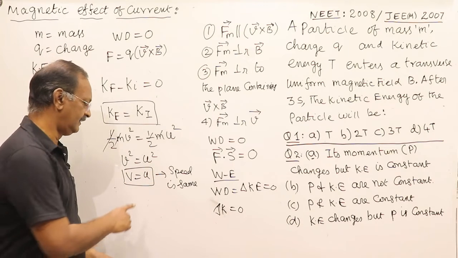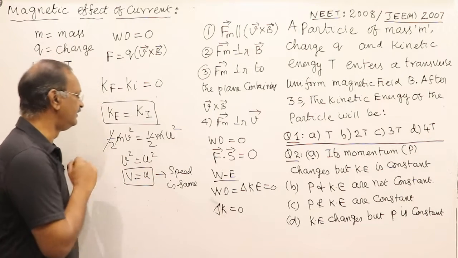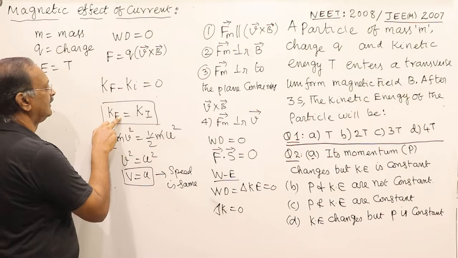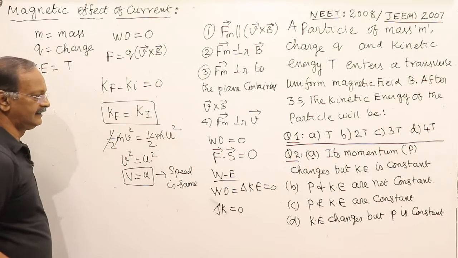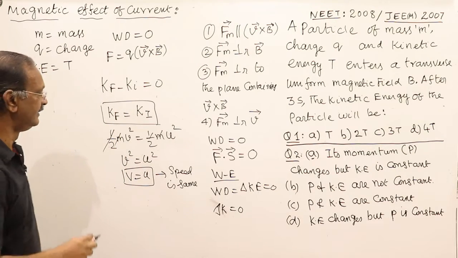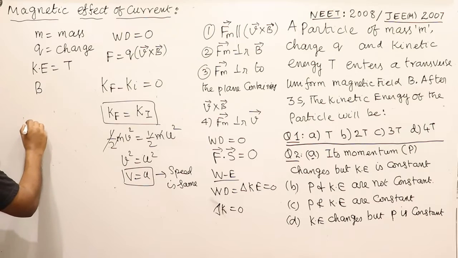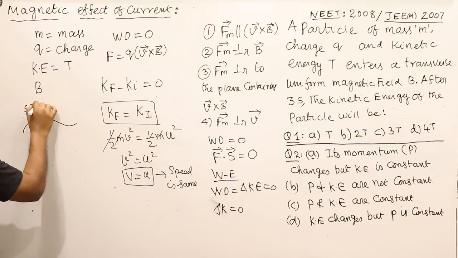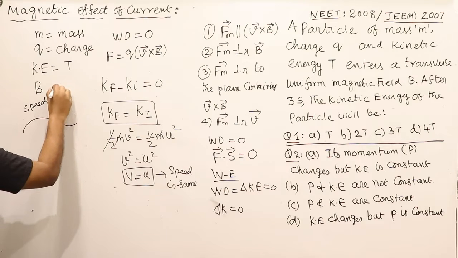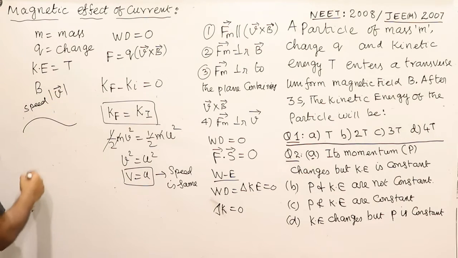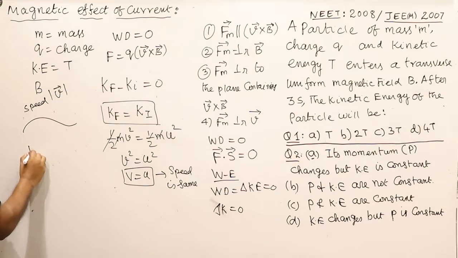Final speed equals initial speed, and final kinetic energy equals initial kinetic energy. But what about the velocity?